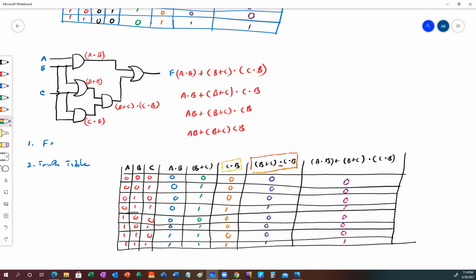That's correct. C and D means these two ending: 0 0 0 1 0 0 0 1. Okay, that's correct. These two means these two, that is also ending there: 0 0 0 1 0 0 0 1. Okay, that's correct. Right, that is correct.